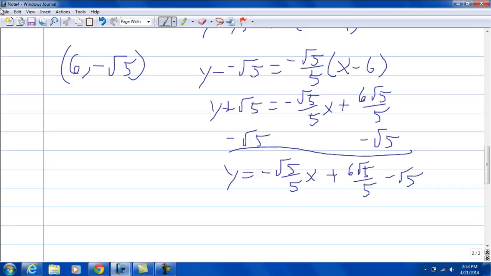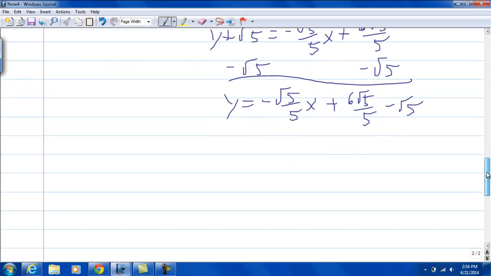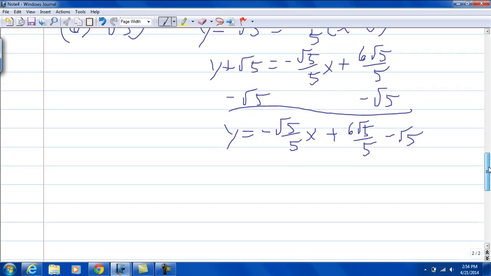You could clear the fractions out if you want to make this look a little different, but I like that form right there. Let's go to another one.